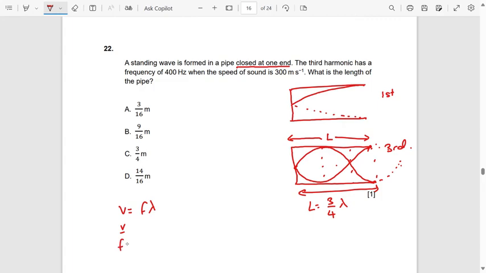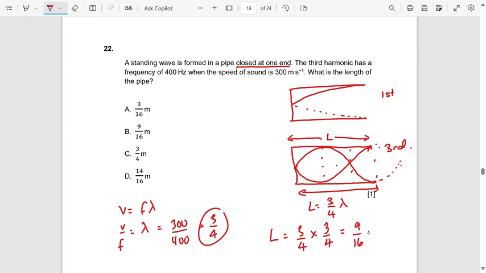So V over F equals lambda. So V is 300 divided by 400 hertz. I'm just going to leave that as a fraction because they have. And so I know that the length is 3/4 of my wavelength. It's just coincidence that it's the same number. So that's 9 over 16, and it's a distance, so it's meters.